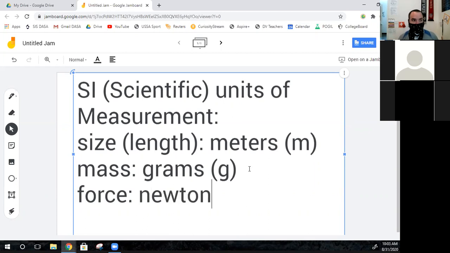We use newtons for force. So I have 95 kilograms of mass, right? Well, I have approximately 911 newtons of weight here on Earth.